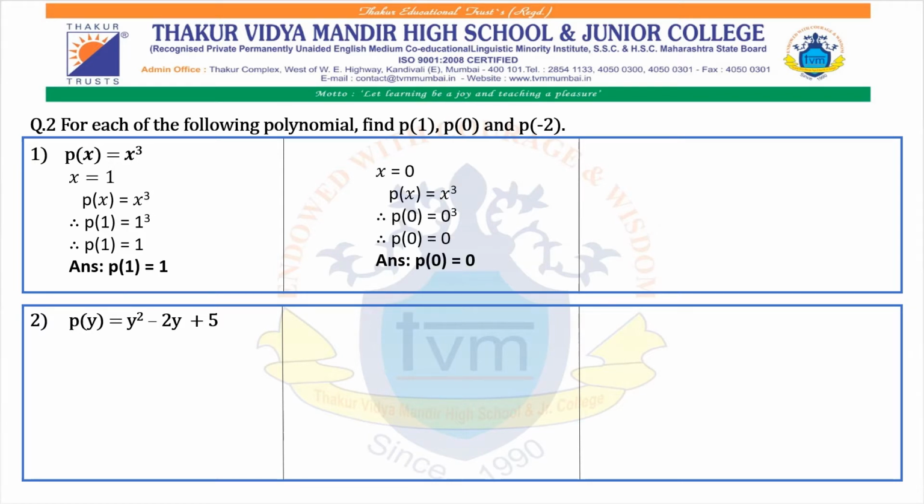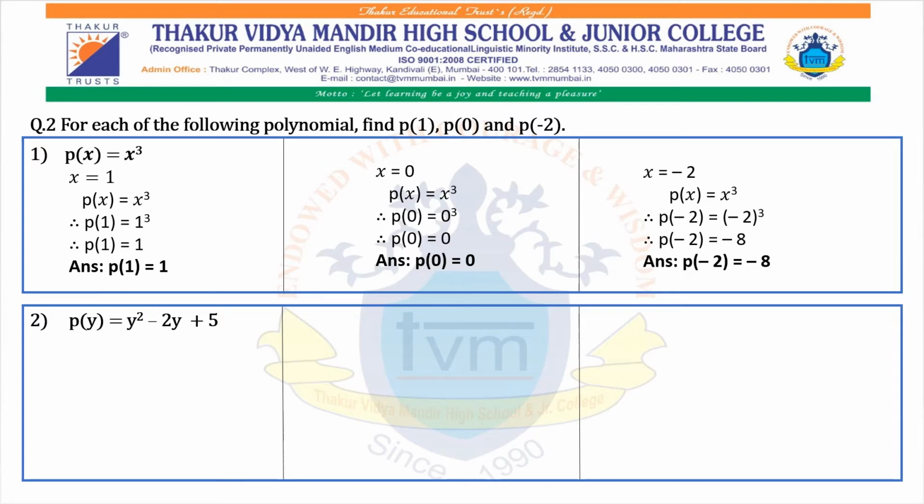Next, x equals 0. Therefore p of 0 is equal to 0 cube, which is 0. Next, x equals minus 2. Therefore p of minus 2 is equal to minus 2 cube, which is minus 8.